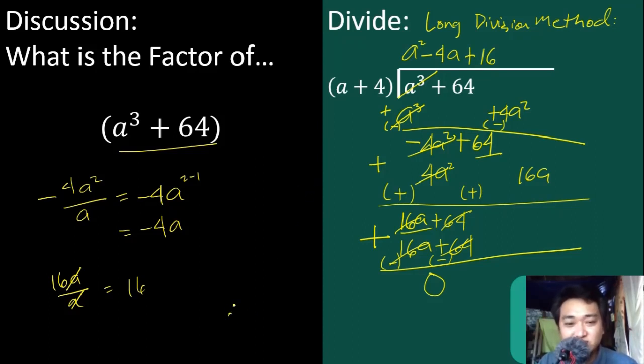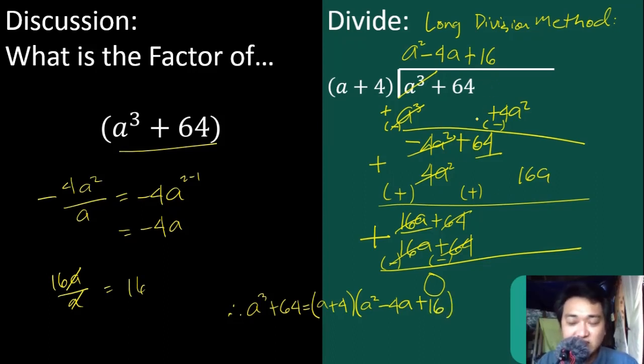Therefore, we can conclude that a cubed plus 64 has a factor na quantity a plus 4 times a squared minus 4a plus 16.